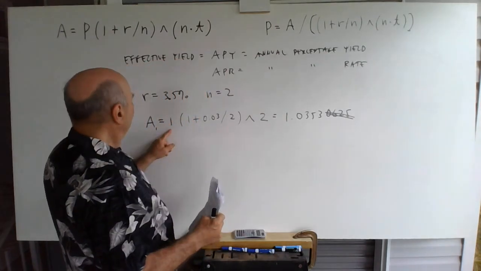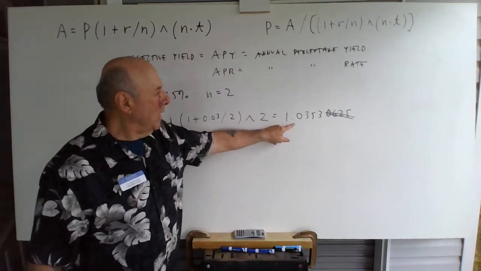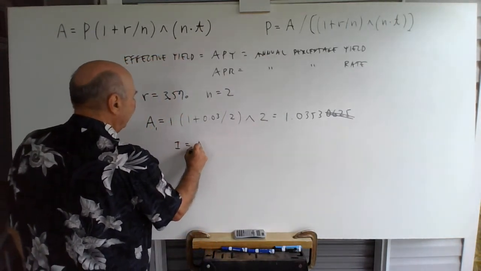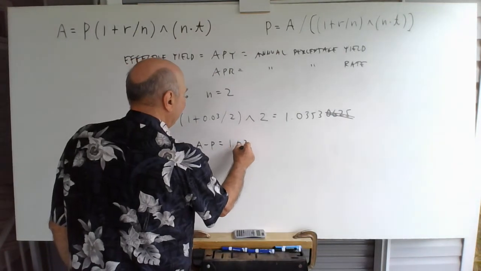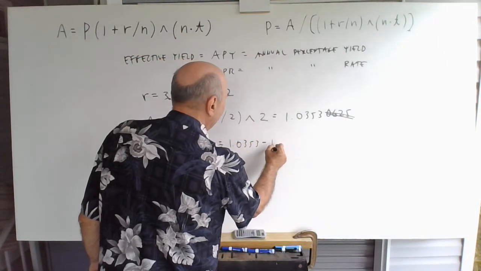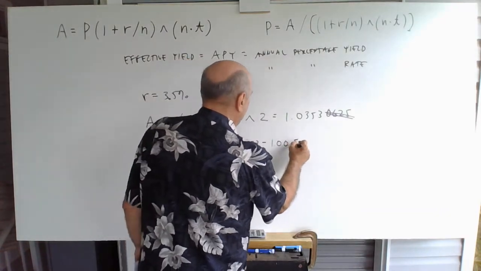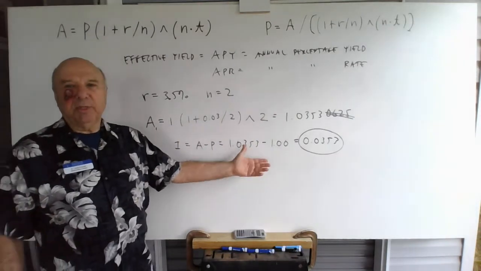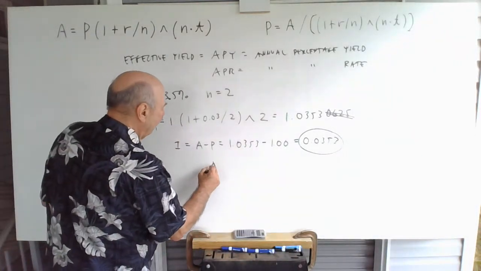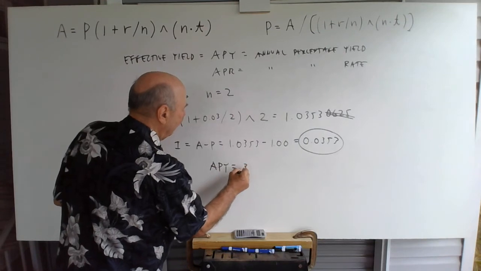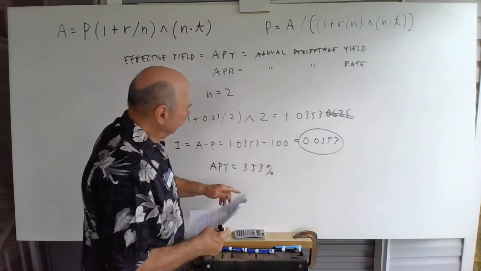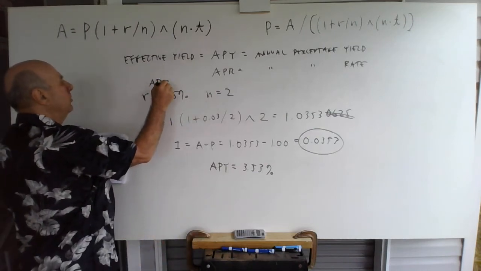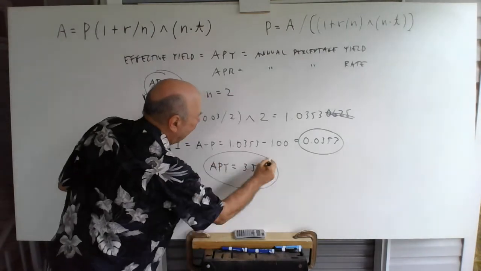On my $1 that I started with, this is what I end up with. The $1 is the principal. And you remember the interest is equal to A minus P. So 1.0353 minus 1 equals 0.0353. That is the annual percentage yield, the effective rate. So APY is equal to 3.53%. See, it's slightly higher than the APR. So this is the APR, and this is the APY.